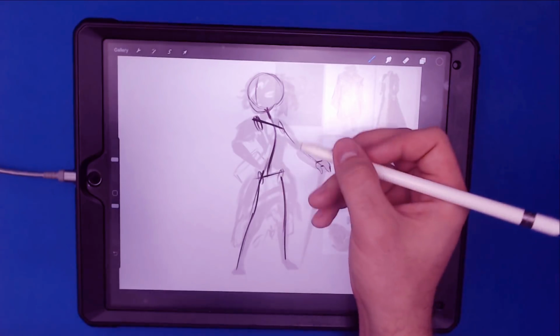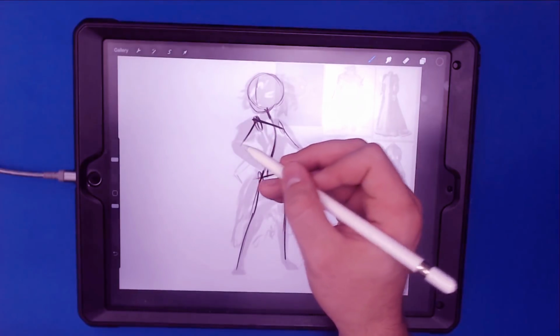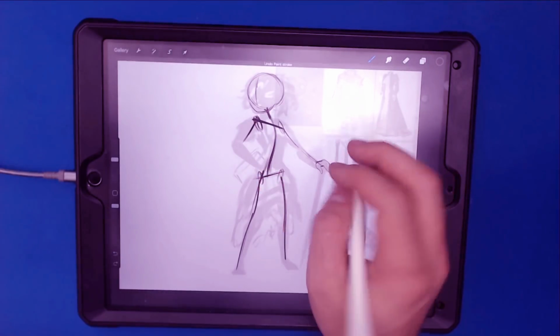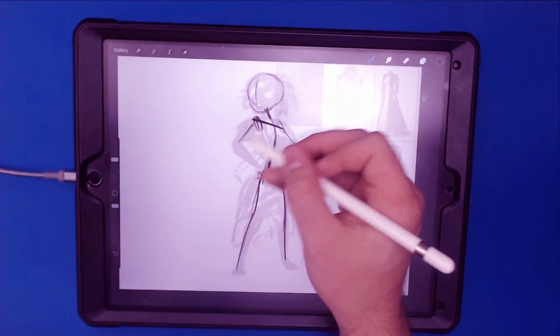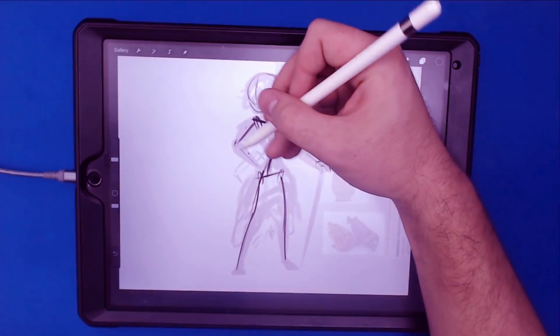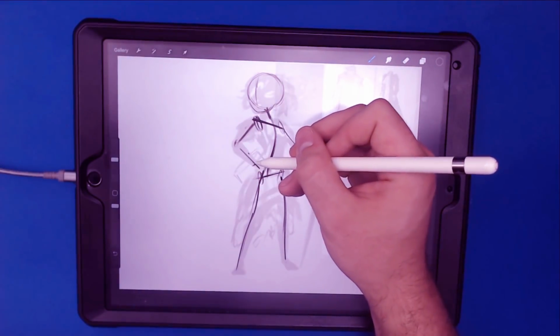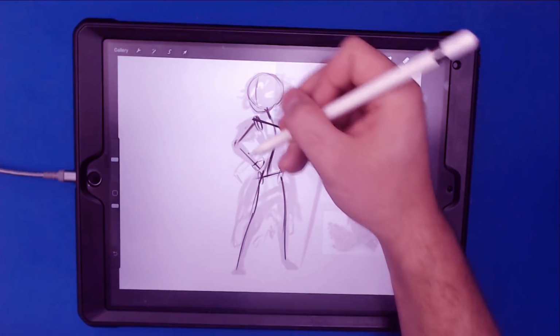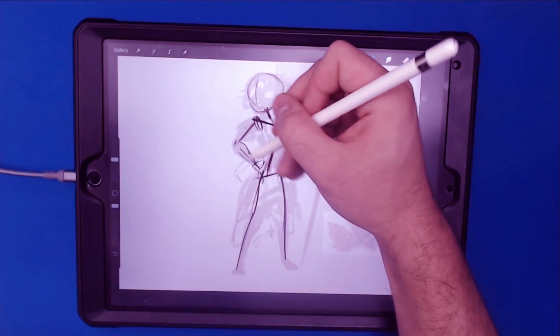And we do need to establish where the hand is going to go on the hip. Maybe about there. Yeah, it's not bad.